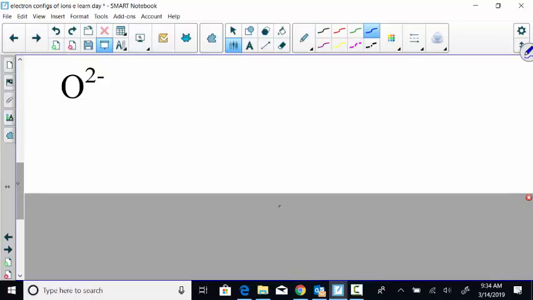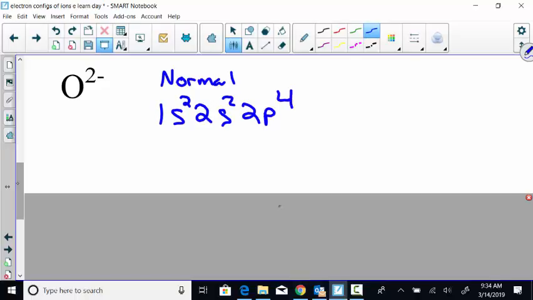So let's look at oxygen. Normal oxygen is 1s2, 2s2, 2p4. The 2 minus means we gained 2 electrons. So I'm going to pick up 2 electrons.